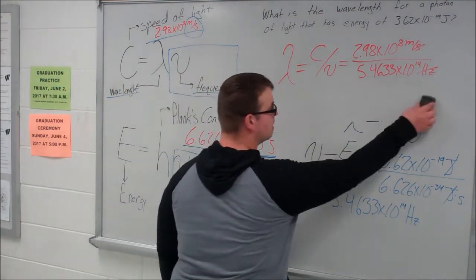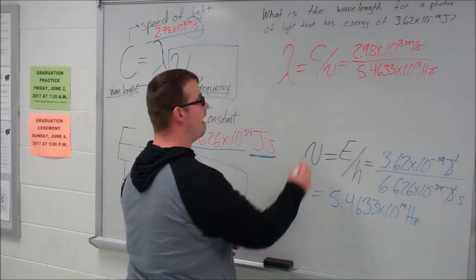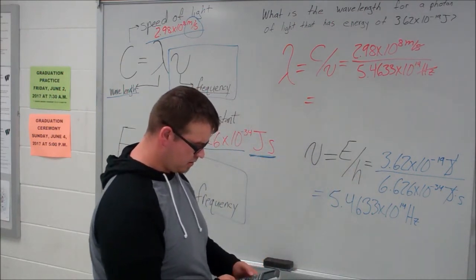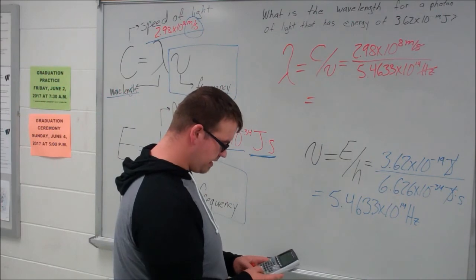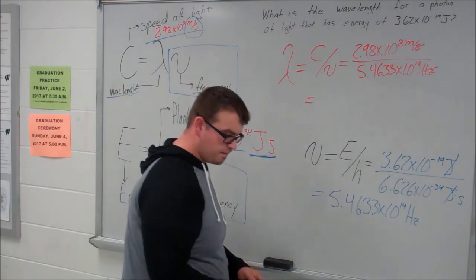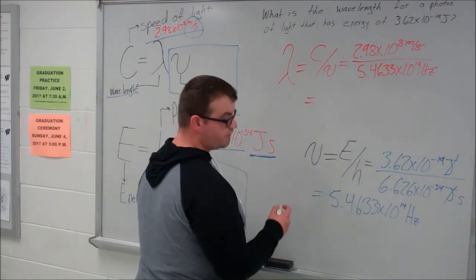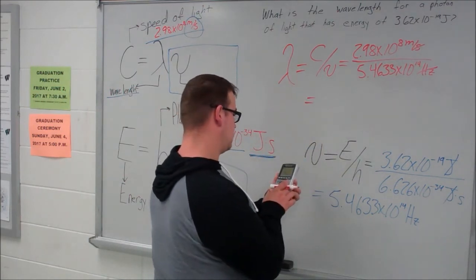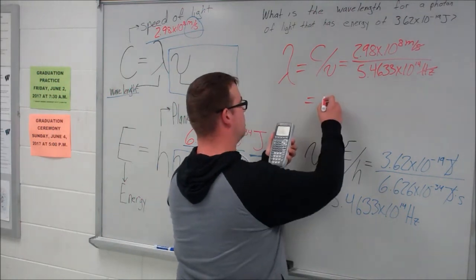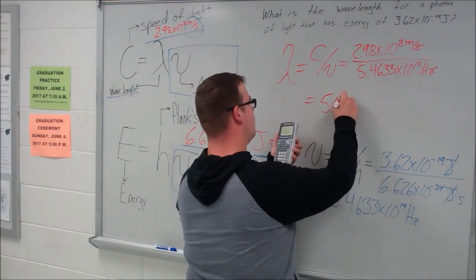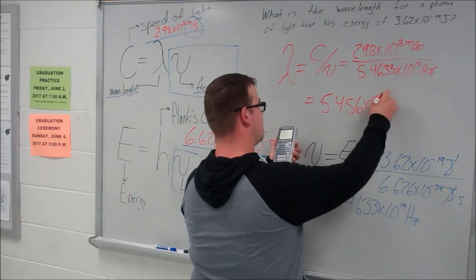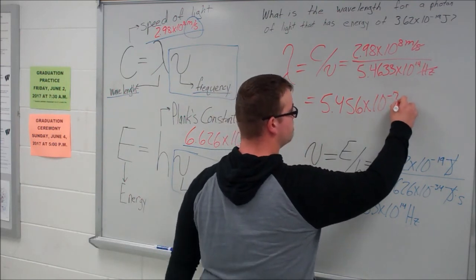Now, just keep working down and you'll find, give me a second, punch it in the calculator. 2.98 E to the 8 divided by... You'll find your answer to be 5.456 times 10 to the -7th meters.